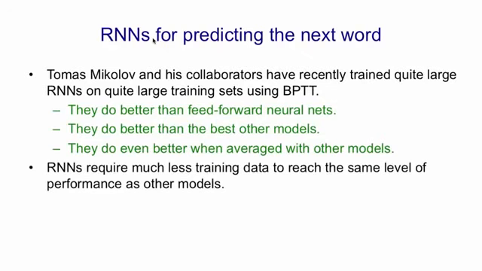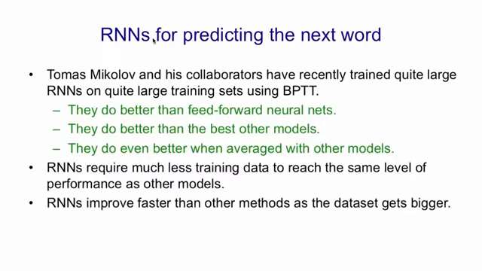One interesting property of the RNNs is that they require less training data than the other methods to reach a given level of performance. More importantly, as the data sets get bigger, the RNNs improve faster than the other methods. So methods like trigrams, for example, do get better with bigger datasets, but it's a very slow process. You need to double the size of the dataset to get a small improvement.